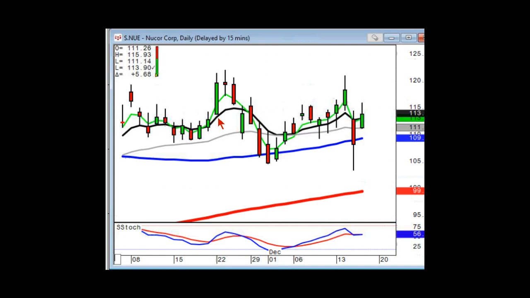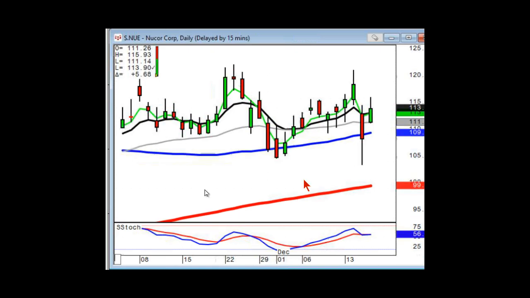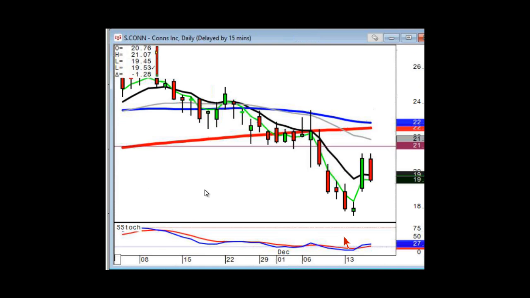Let's see. Doesn't it seem like we have stick sandwiches for a while? No, a stick sandwich is a big up day, a big down day. Which ones were we looking at? A stick sandwich needs a third day.